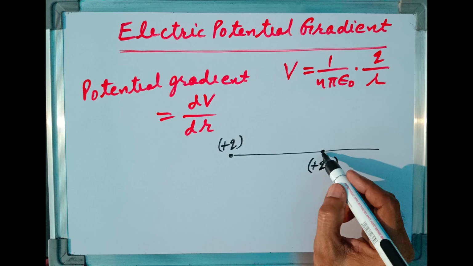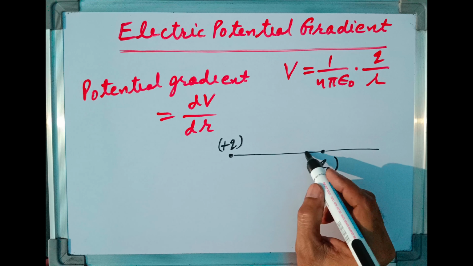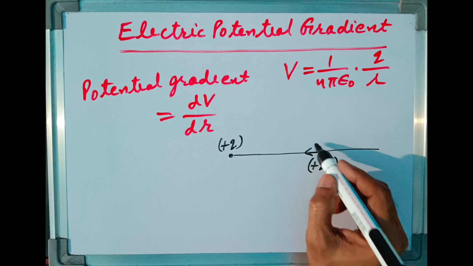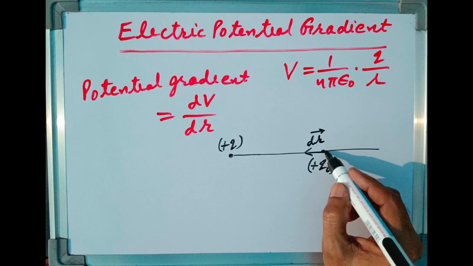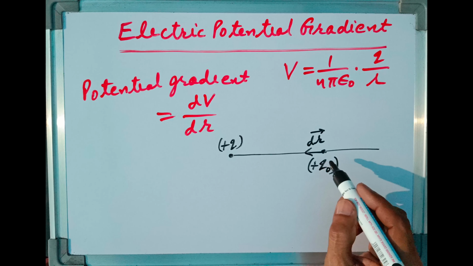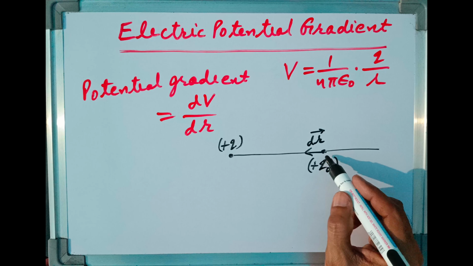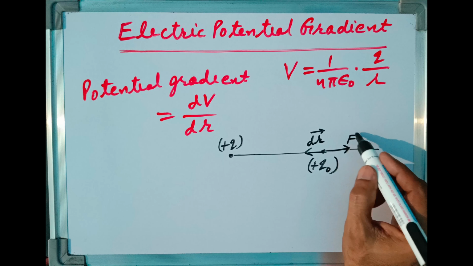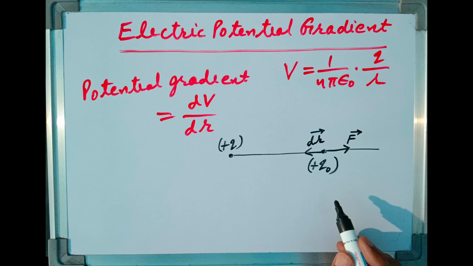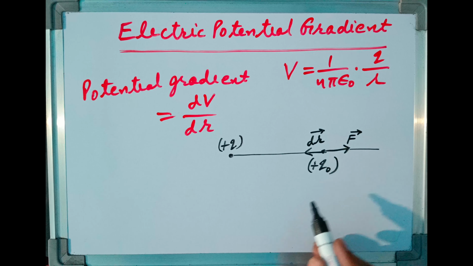If I try to move this test charge toward the source charge through a very small distance, let us suppose it is dr vector, then some work will have to be done because this test charge will experience a force of repulsion according to Coulomb law in this direction.